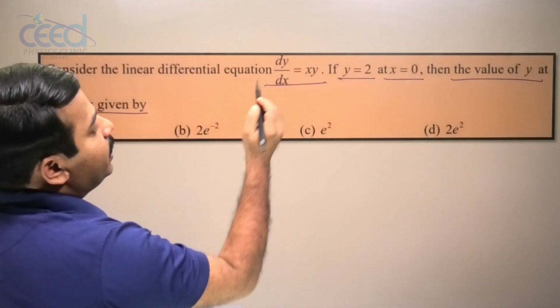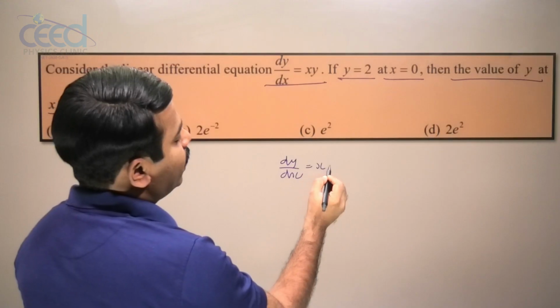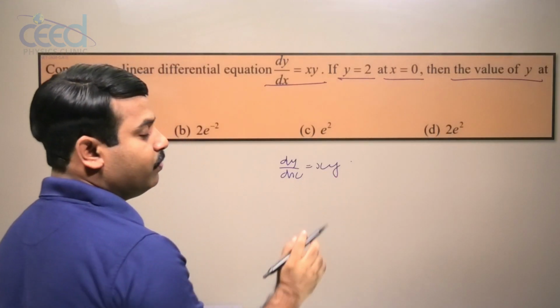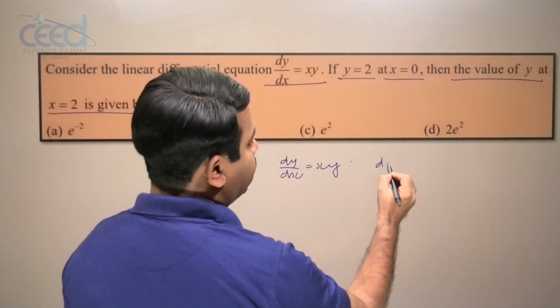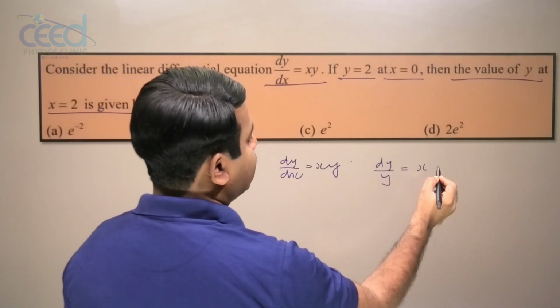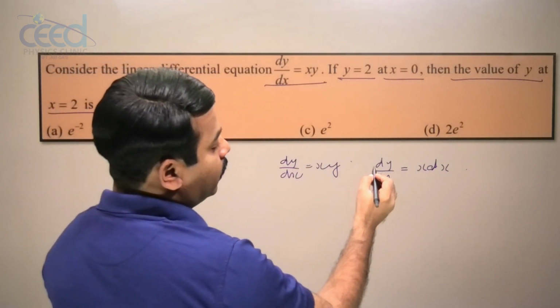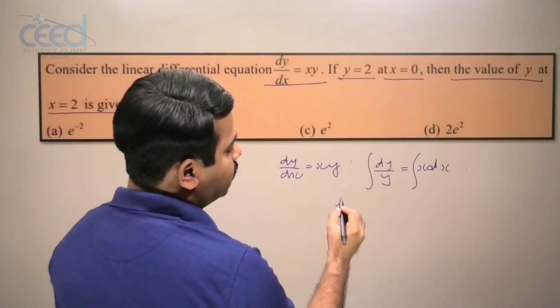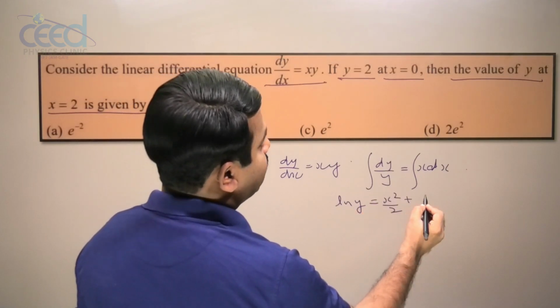So dy by dx is equal to xy they have given, right? Then this is a variable separable differential equation. So can I write dy by y is equal to x dx, alright? So I separated the variables. Now integrate both sides, then this is ln y equal to x square by 2 plus c.